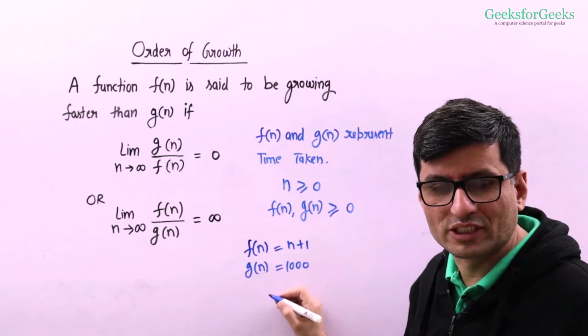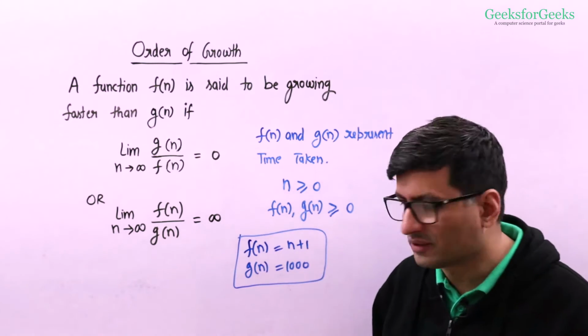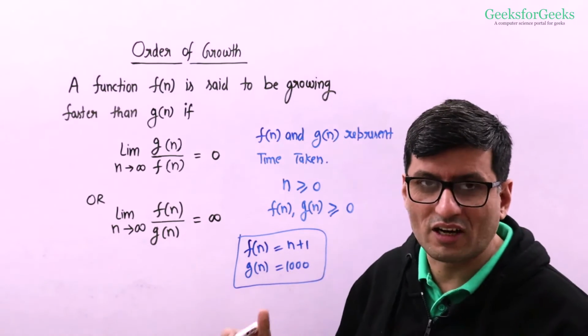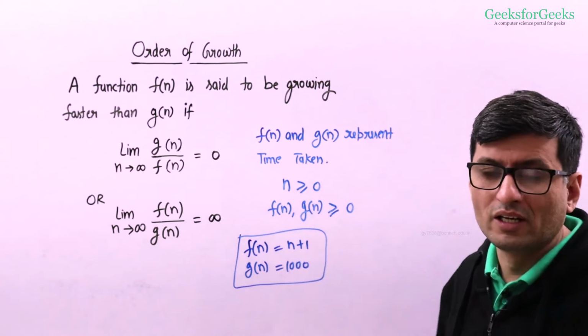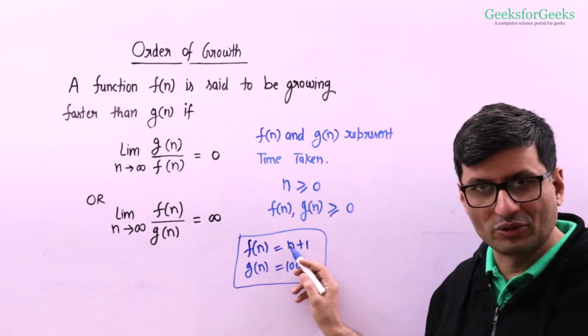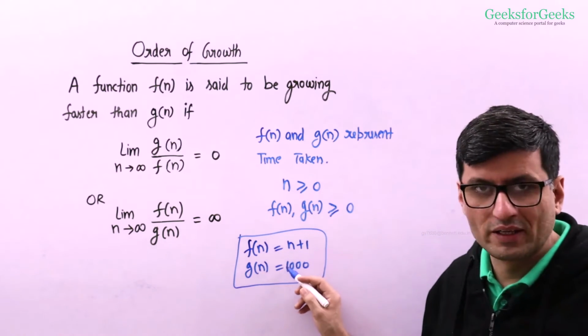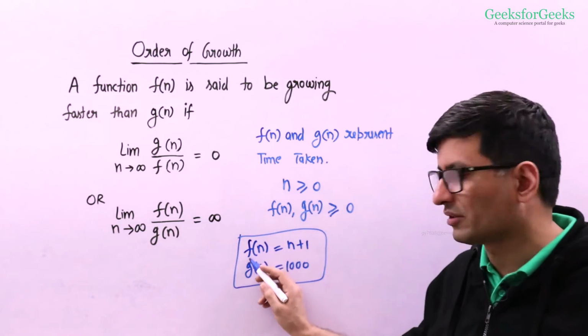I'm taking the same examples that we took in the previous video. Let's say not only machine regions, the constants in the algorithms are higher, which is why you have the value 1000 here and n plus 1 here. Now, the order of growth of f(n) is definitely more because it's growing linearly in terms of input size and the other is constant. So we are saying f(n) is a bad algorithm. The algorithm whose time taken is f(n) is a bad algorithm.